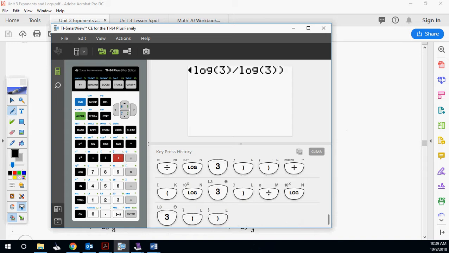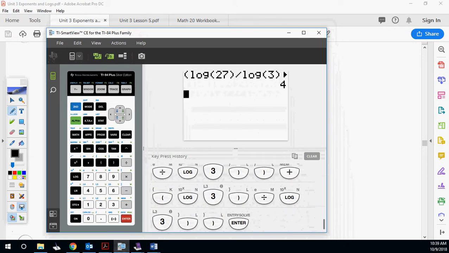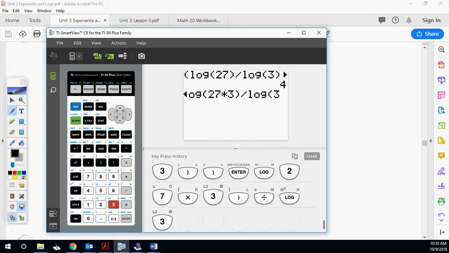I know it's tedious, but we're putting it there to be consistent. So 4. Now if I do log of 27 times 3 divided by log 3, you get 4 as well.